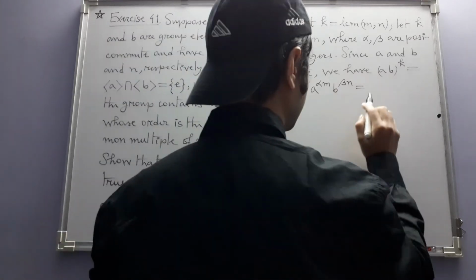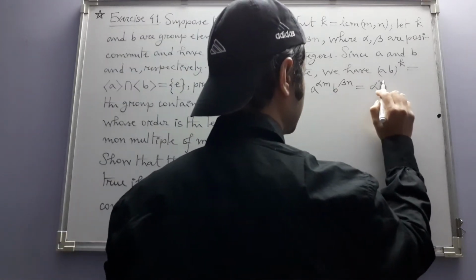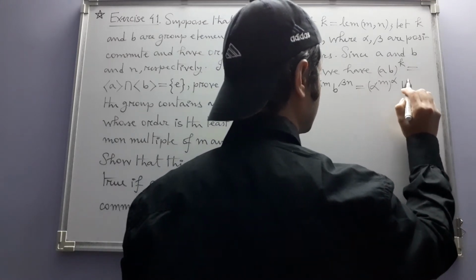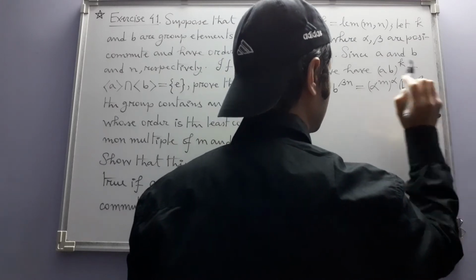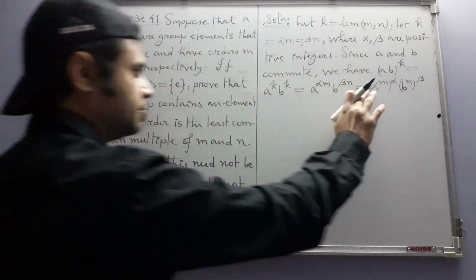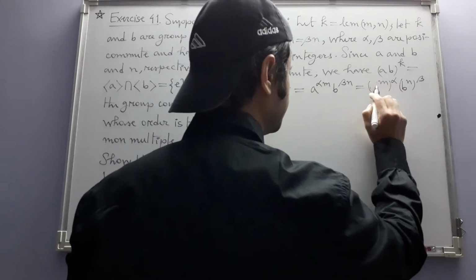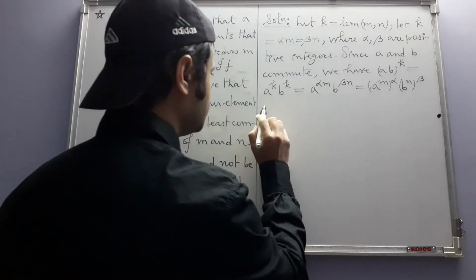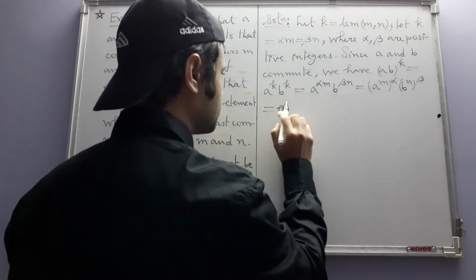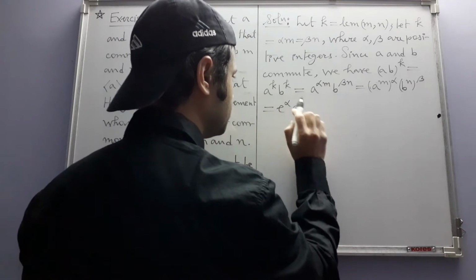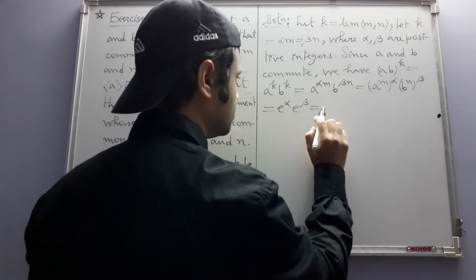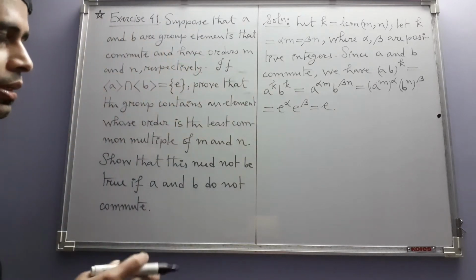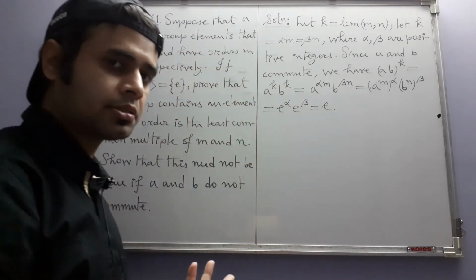By using one of the rules of exponents, M is the order of A and n is the order of B. So this one is e to the power alpha times e to the power beta. So this is equal to e. Okay, so the Kth power of AB equals the identity.